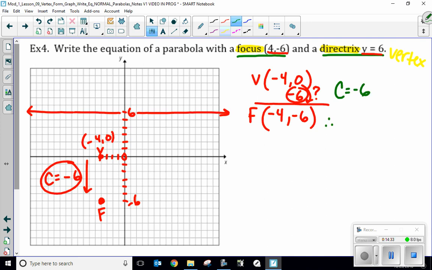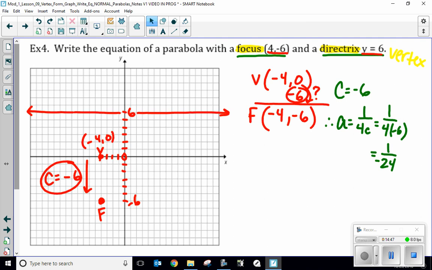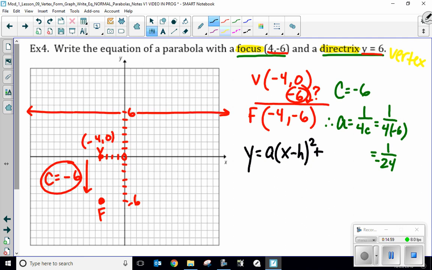Therefore, my A value is 1 over 4C, which is 1 over 4 times -6, which is 1 over -24. Wow. That's a wide parabola. So what I'm going to do is this. We're going to come up with our equation now. A times (x minus h) squared plus k.